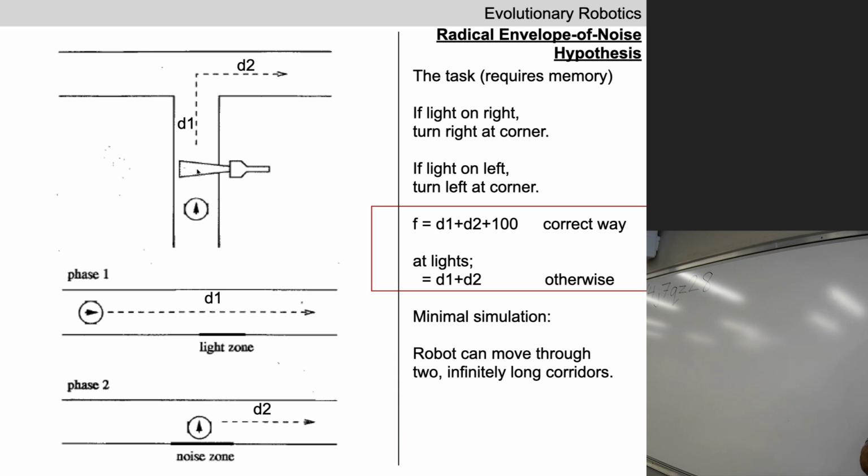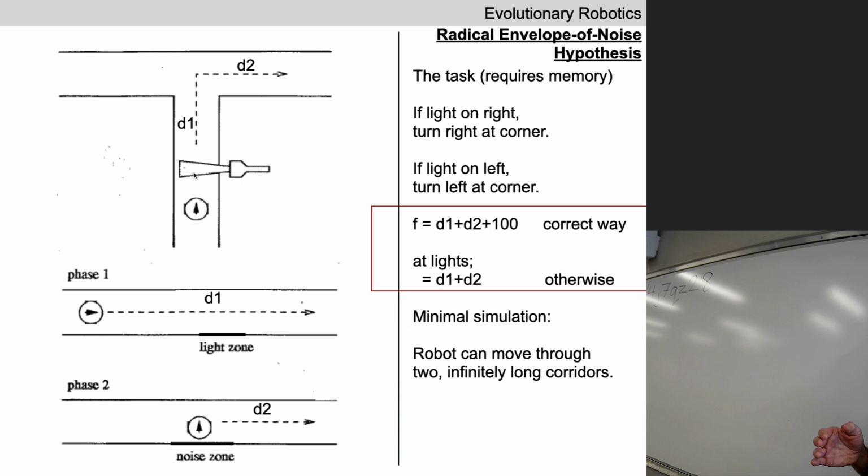The controllers could evolve, for example, that when it senses more light on the right, the robot immediately turns 12 degrees to the right and then drives straight, which means it's going to do something like this, and then it bounces off this wall and in it goes. It doesn't need to remember.